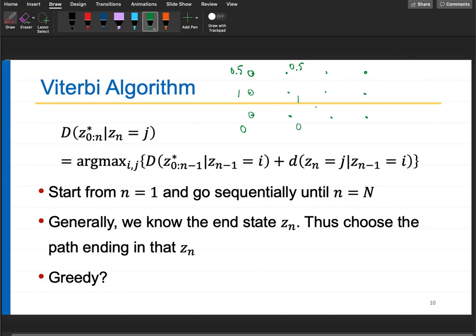I will have to think of an example. It is possible that on the way it greedily finds some paths. Okay, let me tell you this way. Let us say you have to reach here. You have to choose between these two paths, right?